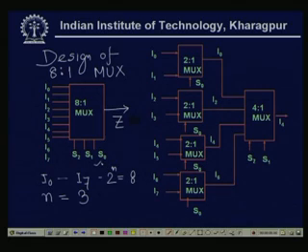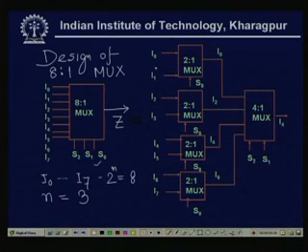Now, if I want to design an 8 to 1 multiplexer using smaller multiplexers, say 2 to 1 or 4 to 1, then if I use 2 to 1 multiplexer, I need 4 such multiplexers because I have 8 inputs.